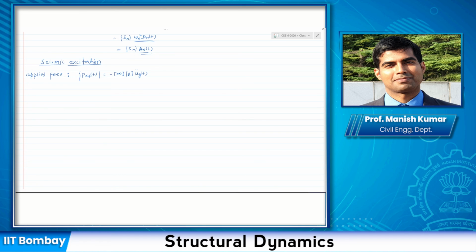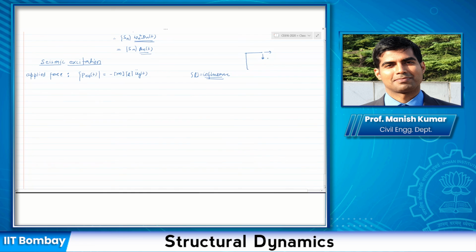An influence vector, you already know how to get. Basically, you apply a unit displacement in the direction of the ground motion, and then you see along each degree of freedom, due to that unit displacement, what is the corresponding displacement, and then you form the influence vector. I had given you an example of this.